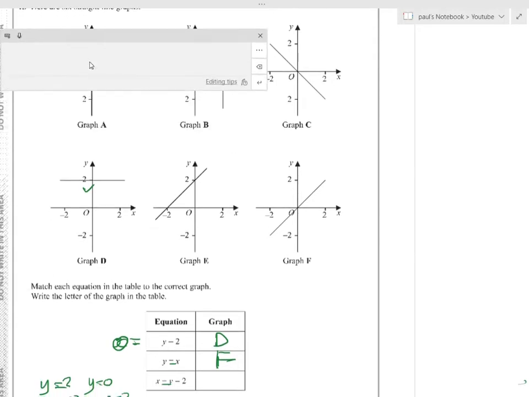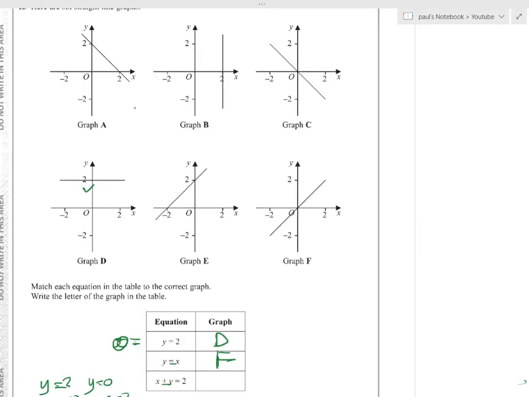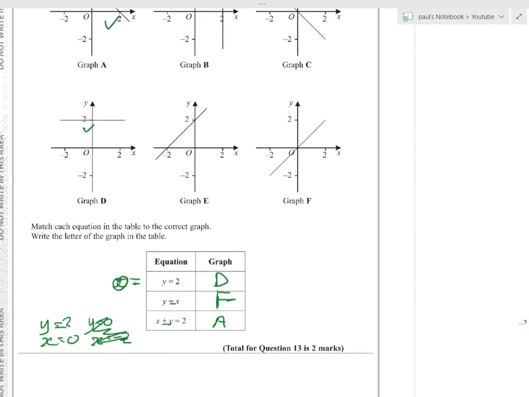So let's have a look at these. I'm leaning towards this one. Oh, x is 2, y is 0. Oh, that's a plus. X plus 2 is... yeah, so when x is 2, y is 0. When y is 2, x is 0. Yeah, it's this one. Oh, it's a plus.